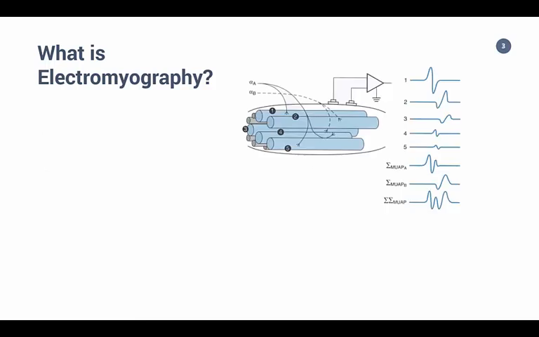Muscles are innervated in groups called motor units. A motor unit is the junction point where the motor neuron and the muscle fibers meet. When the motor unit is activated, it produces a motor unit action potential. The activation from the central nervous system is repeated continuously for as long as the muscle is required to generate force.